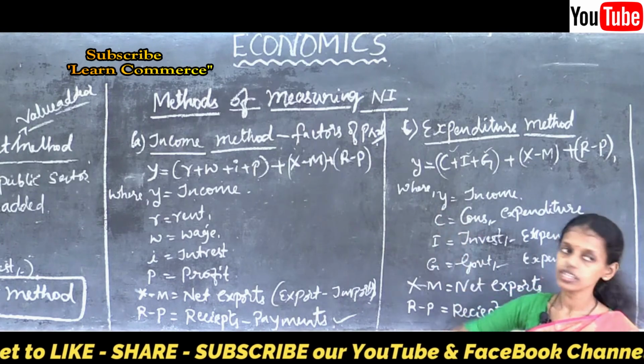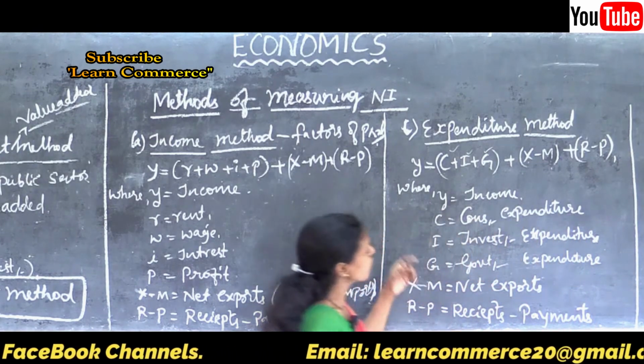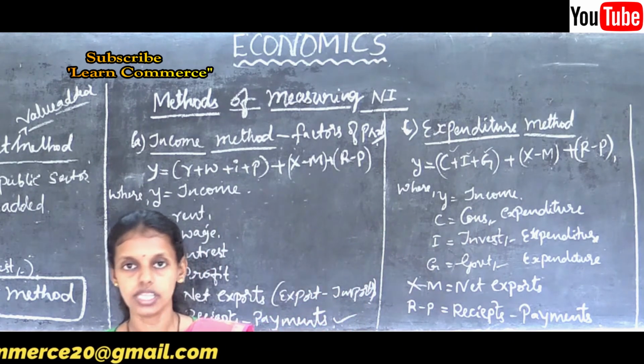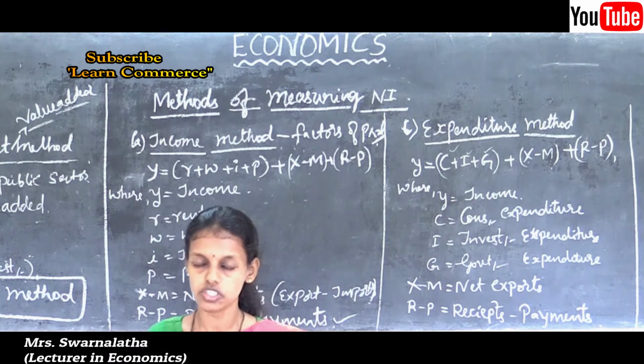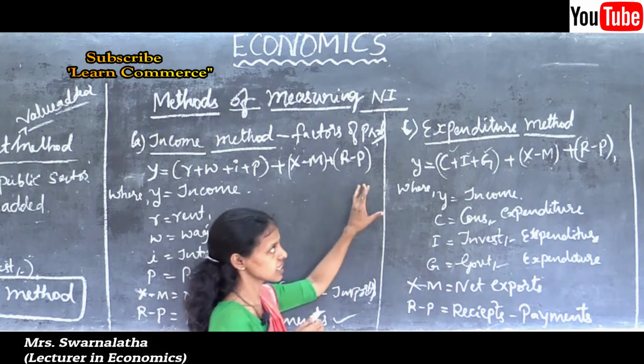Next one, the expenditure method. This expenditure method explains the expenditure made on different sectors in the economy. So, expenditure made on consumption, production, distribution, exchange, all things are included while calculating the national income.